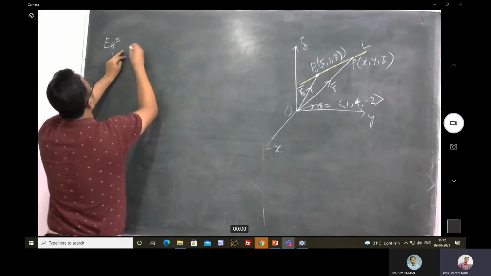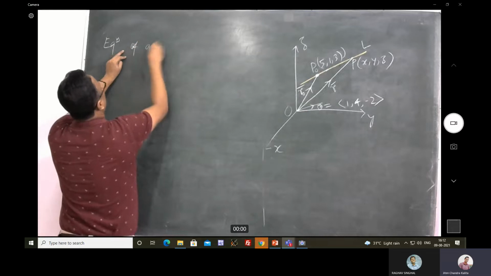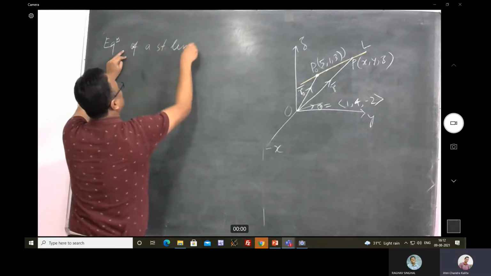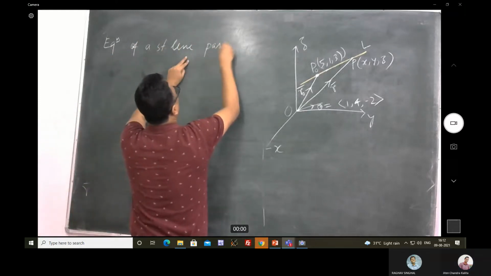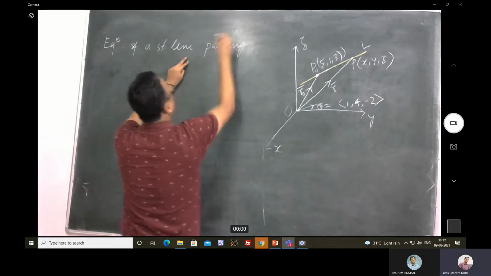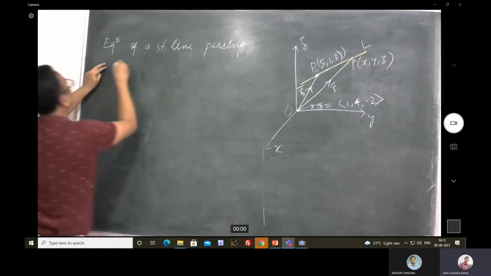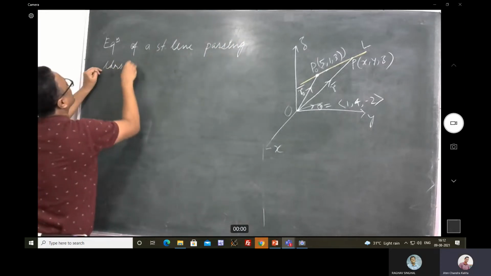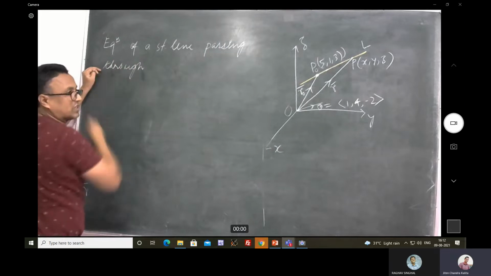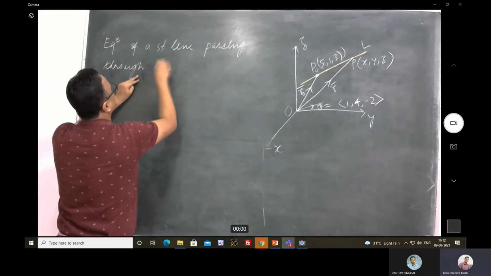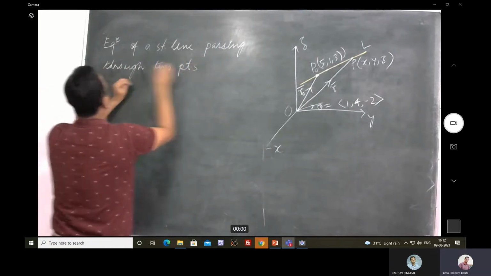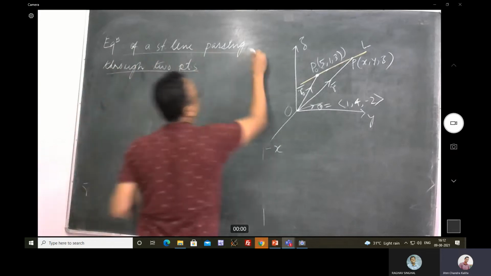Don't worry about it. So, the equation of a straight line passing through 2 points.